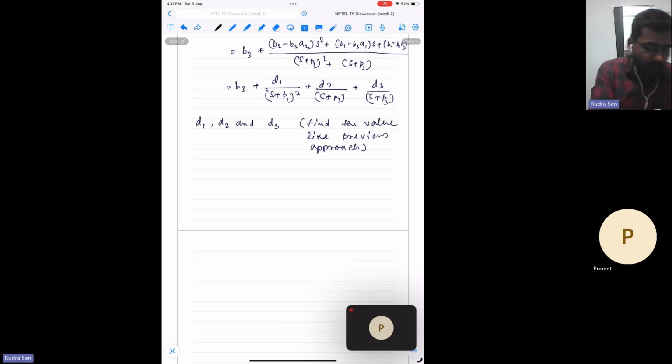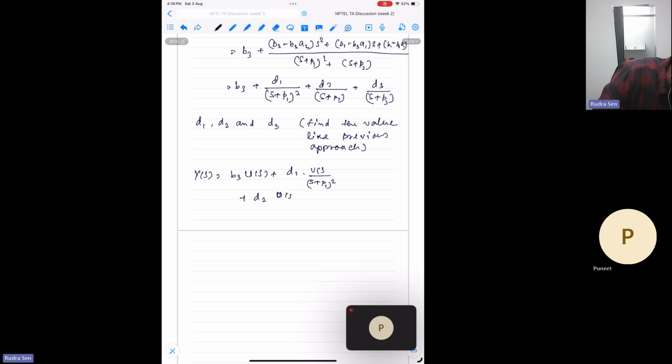Once we have found the values and cross multiplied it, Y(s) is equal to d1 U(s) divided by (s plus p1) square plus d2 U(s) over (s plus p1) and d3 U(s) over (s plus p3).